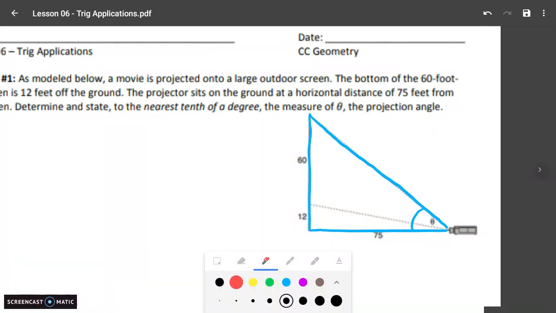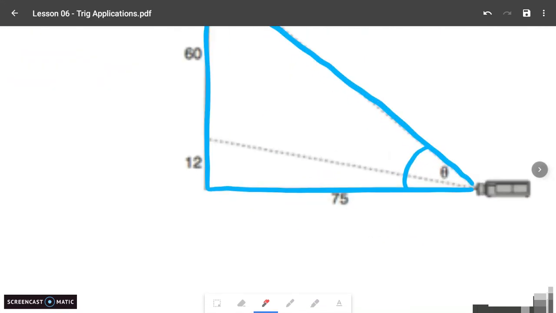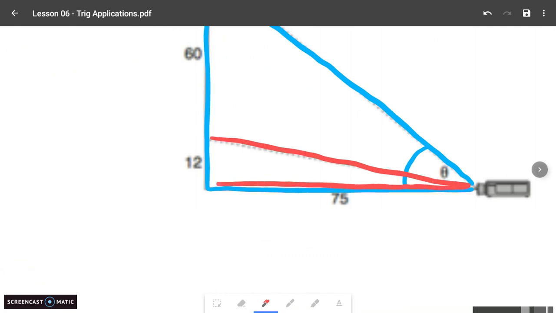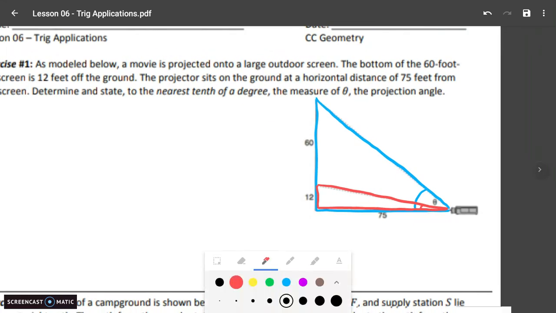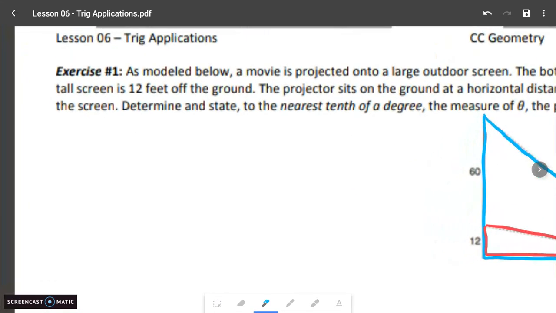And then we have another right triangle that we can highlight in here, and we can find that piece. And then if I take the big part minus that small angle, we'll be able to solve for our projection angle theta.